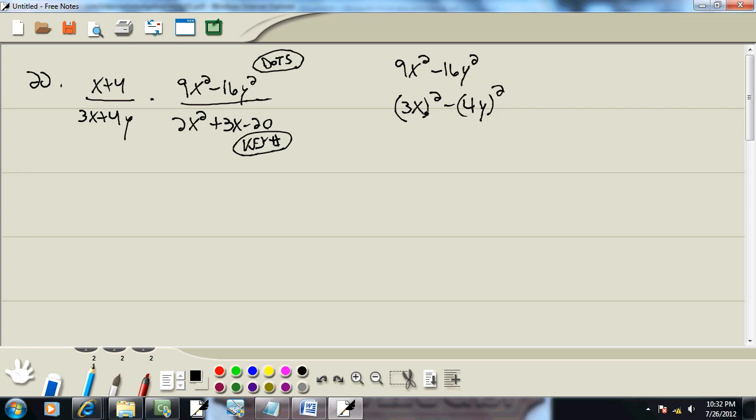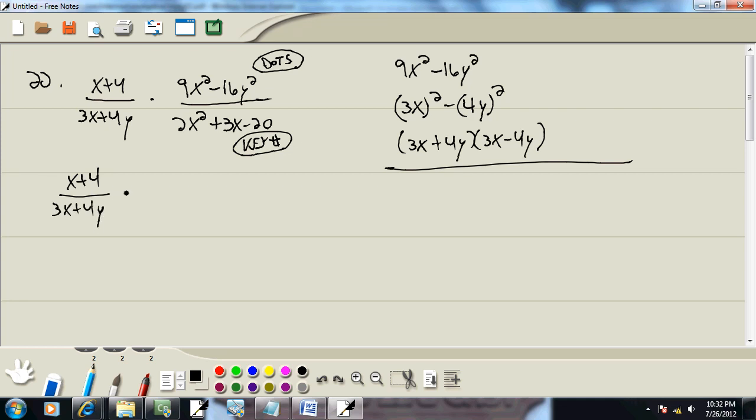Now, if we're able to write it as something squared minus something else squared, then you take what's inside your first set of parentheses, you add what's in your last, and you take what's inside your first and you subtract what's in your last. And that's how that factors. So I have x plus 4 over 3x plus 4y, times 3x plus 4y times 3x minus 4y.